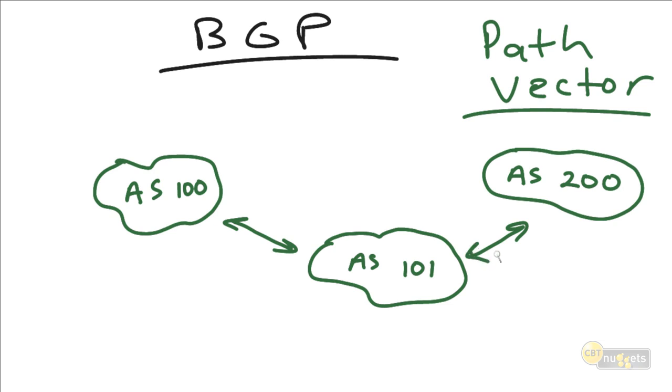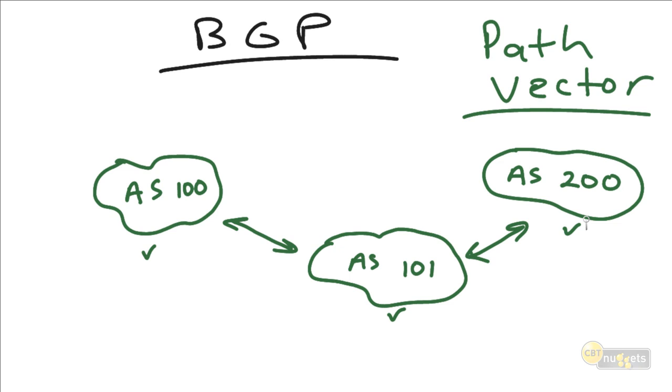With IGPs, they function on a router hop by router hop basis. But with Border Gateway Protocol, we function on an AS to AS basis. We don't care as much about individual router hops. It's how a prefix moves from autonomous system to autonomous system.